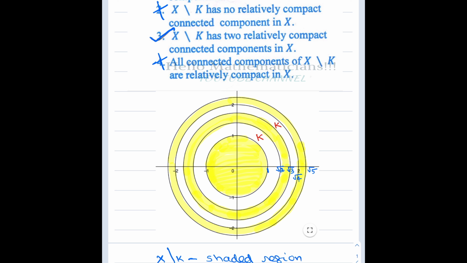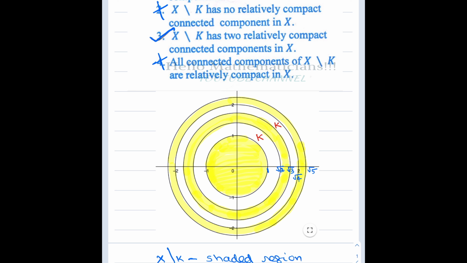Now, what is relatively compact? If you notice, this is an open set in X minus K, because it is the interior of a unit disk. Similarly, this annulus is also an open set, because given any point you can draw a small neighborhood around it.